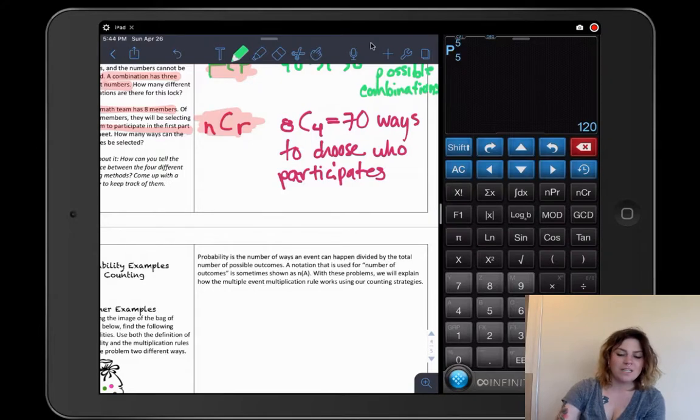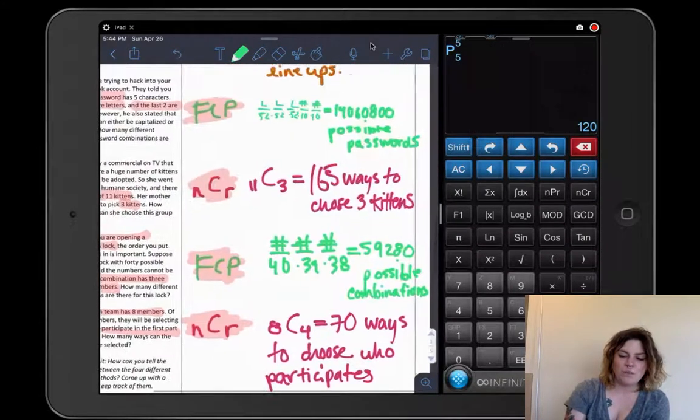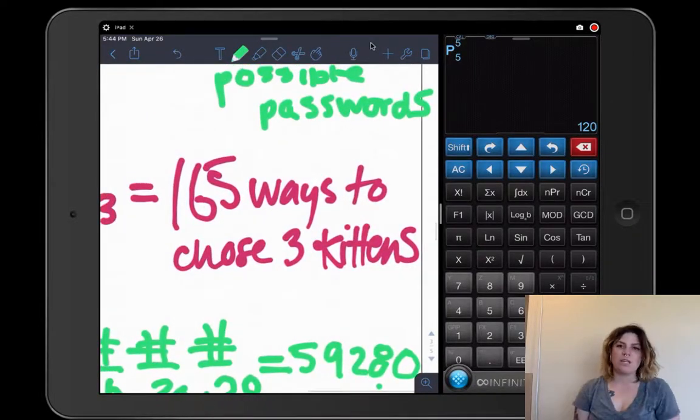So one thing that I just wanted to say here is that, if you went to the Humane Society and you were going to try to pick 3 kittens out of a litter of 11 kittens, you probably wouldn't be that overwhelmed, right? You would just be like, oh, I like that one, I like that one, I like that one, those are my 3, and I'm done. But the reason why our human brains have such a hard time with this is because we simplify our problems down, when actually there's 165 ways that you could possibly choose those 3 kittens.